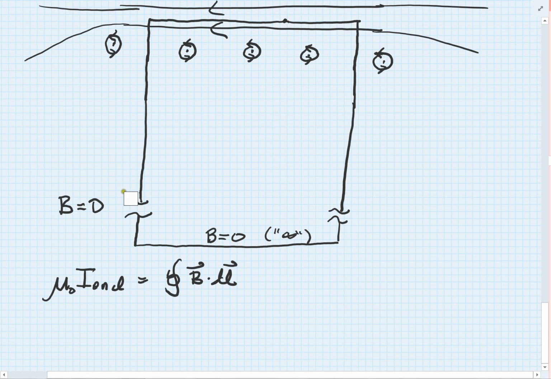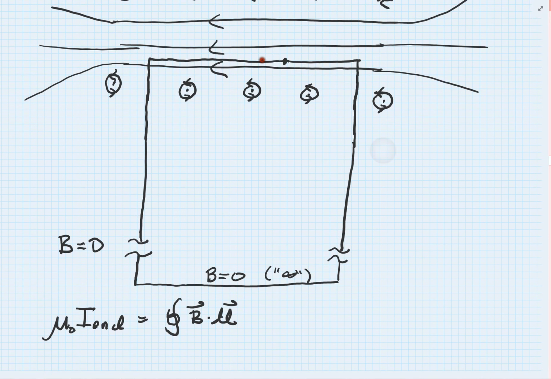So in this case, to make life easy, and this is usually the most convenient thing, I take my point of interest somewhere inside the solenoid, and I begin my loop by moving along the same direction as the magnetic field. Then, of course, the rest of the circulation around this loop will be down and out this way, across back here at infinity, and then back up into the field.